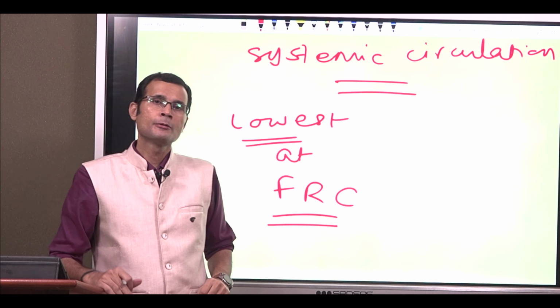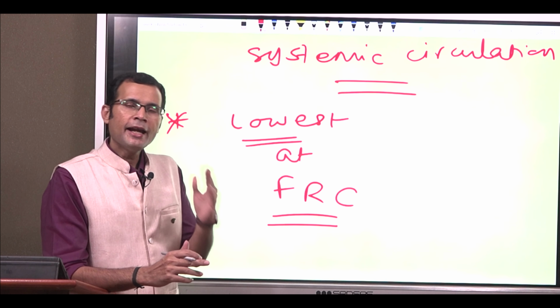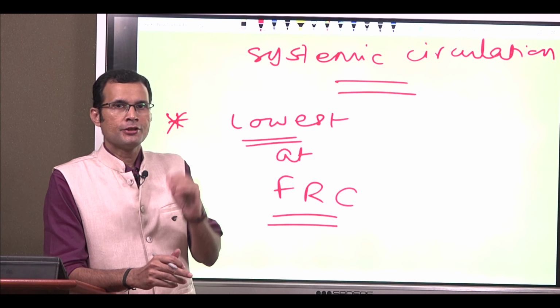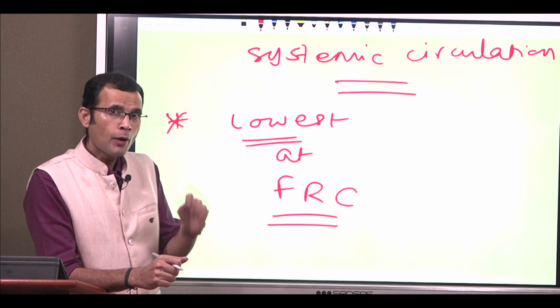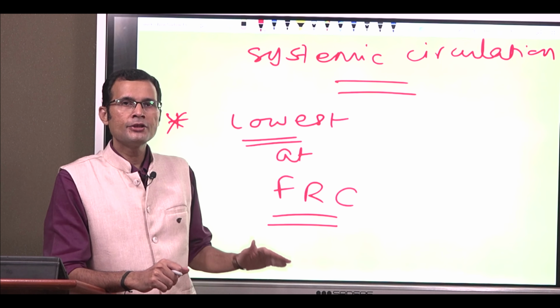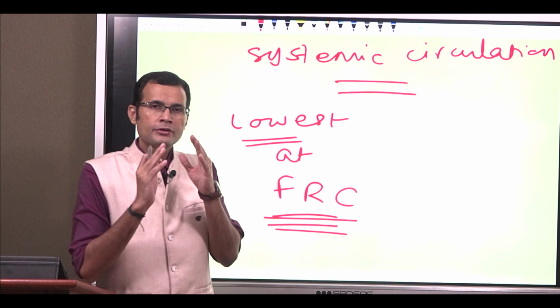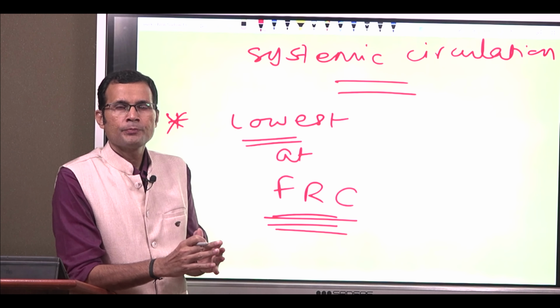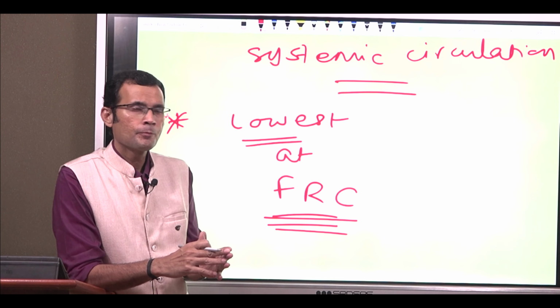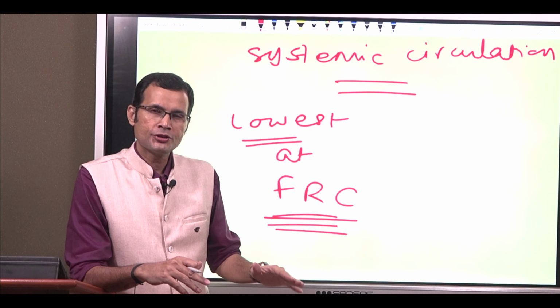Let me explain this. At the end of quiet expiration, the lungs are at functional residual capacity, FRC. At that volume of the lung, the pulmonary vascular resistance will be at its lowest.